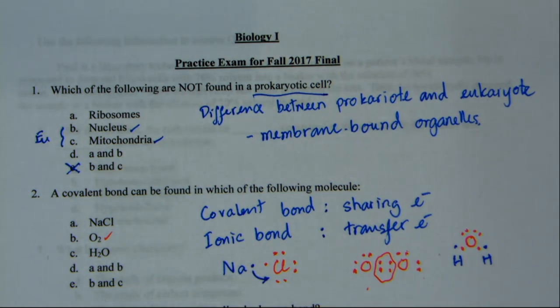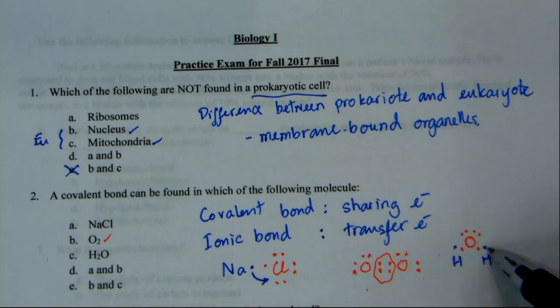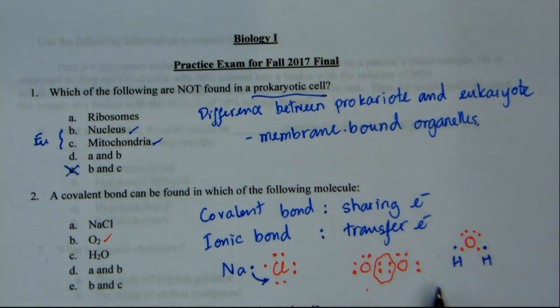Because hydrogen has only 1 electron, it uses the duet rule instead of the octet rule, right? So the duet rule is fulfilled with this part, so just 2. This hydrogen is the same.